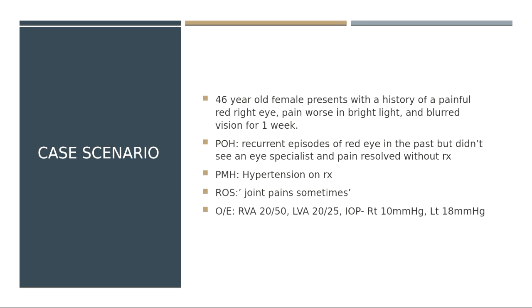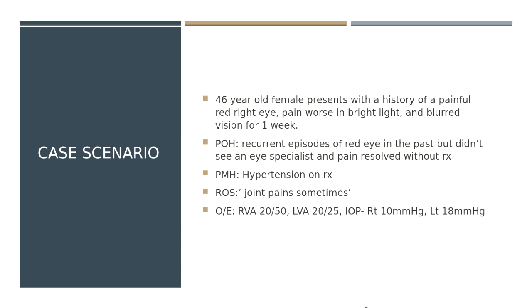In the review of systems, they complain of some joint pains. The visual acuity in the right eye is blurred, and the intraocular pressure in the right eye is lower than in the left. It is 10 in the right eye and 18 in the left.